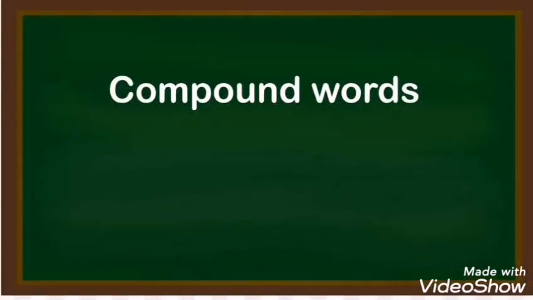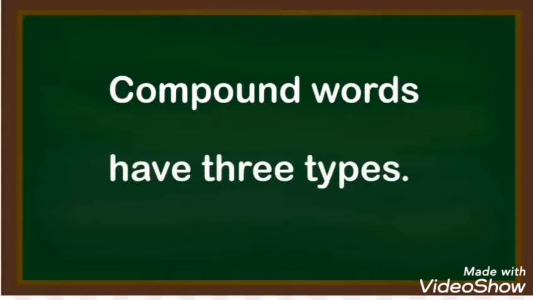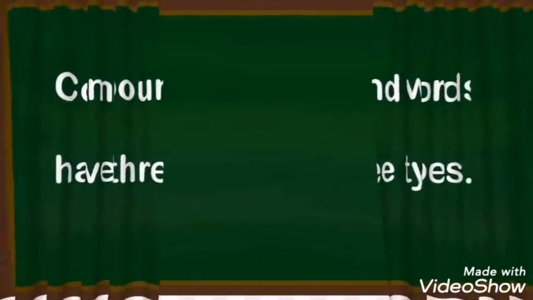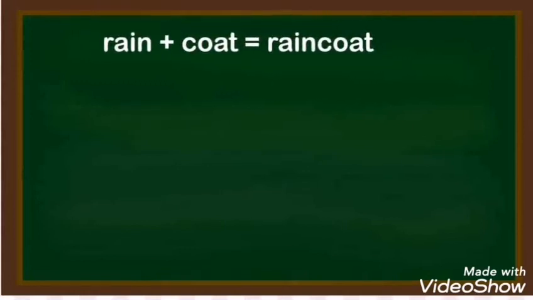To understand the meaning of the compound words, it is important to know or understand the meaning of each word that makes up the new word. Compound words have 3 types. Raincoat is an example of a closed compound word.